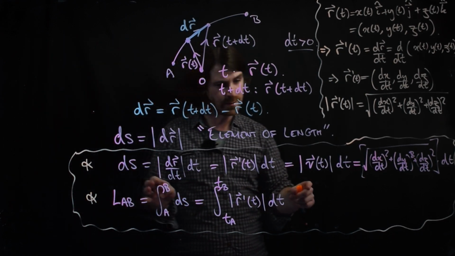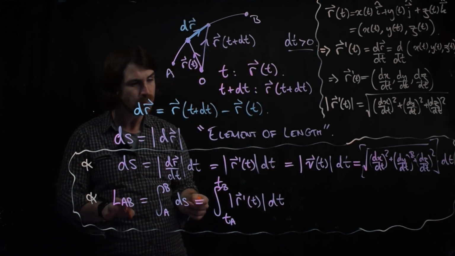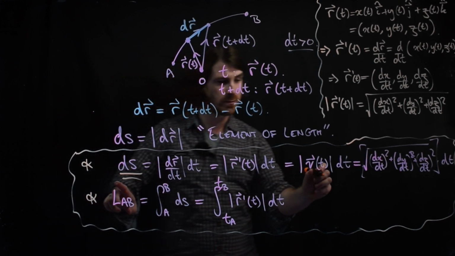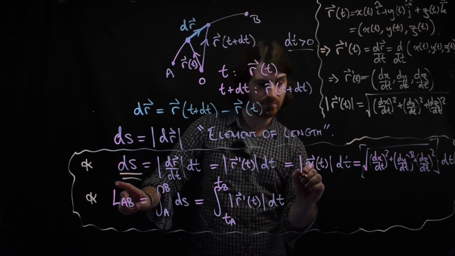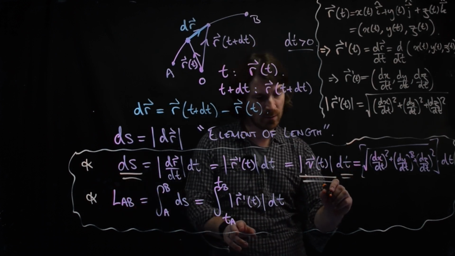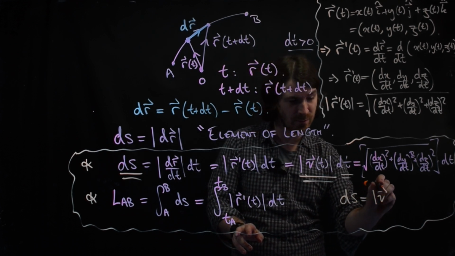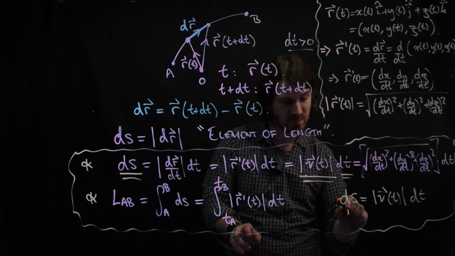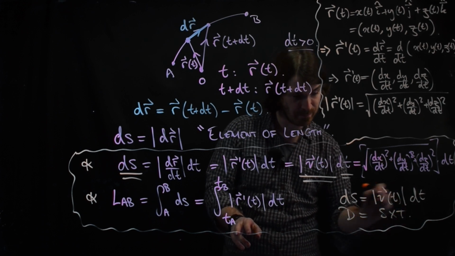One thing I didn't say, which is helpful to remember, is that ds equals the modulus of the velocity vector, so that's the speed, times the time. So this is distance equals speed times time.